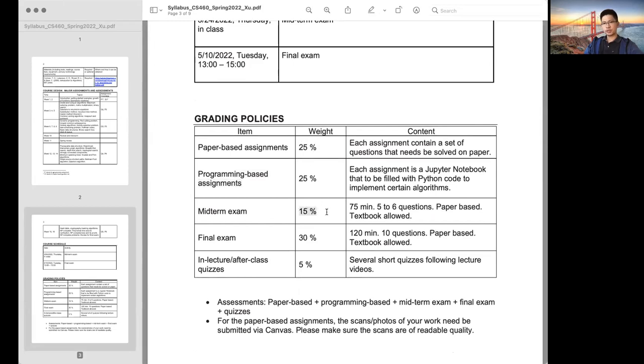And the midterm takes 15%. Final takes 30%. For the final's weight, I'm still considering it. It may be too high. I'm thinking about moving 5% off to the midterm or to the programming-based assignments.